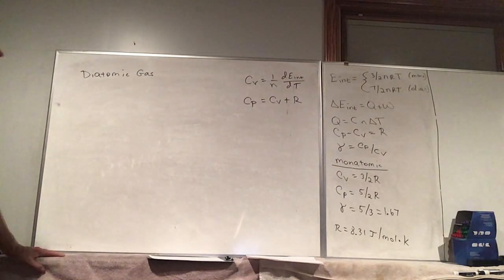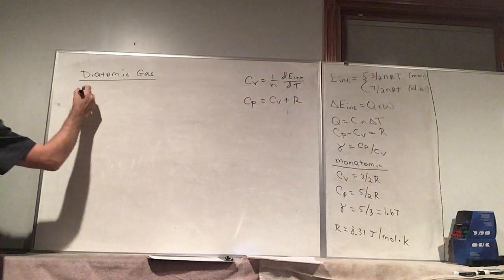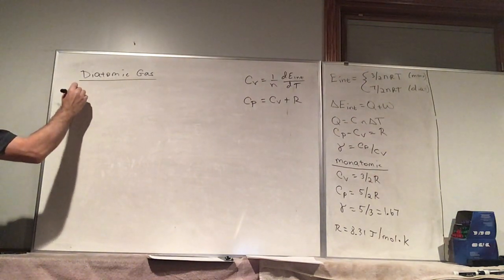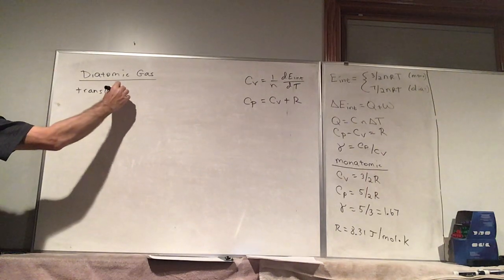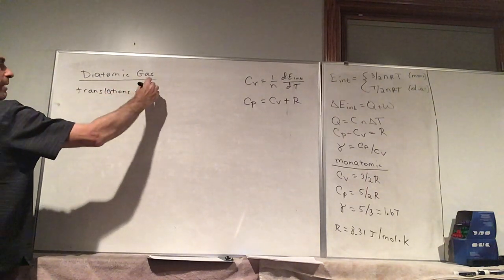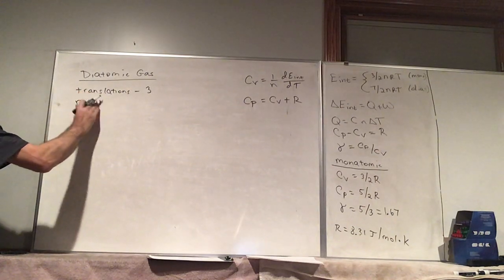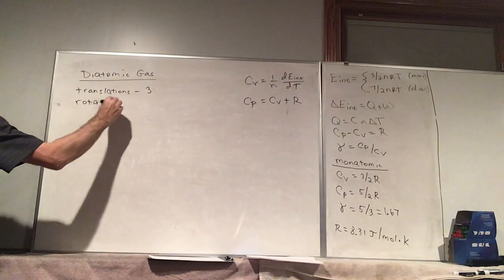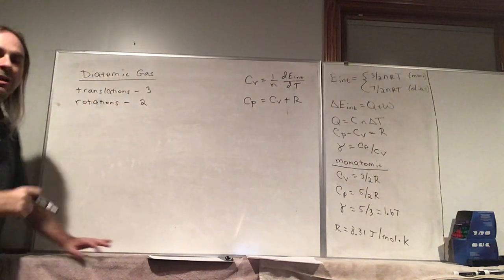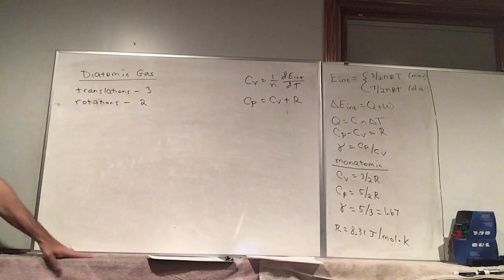Fairly simple process. Now, what we had before, remember for a diatomic gas, we look at translations. We have 3 degrees of freedom. For rotations, for a diatomic gas, there's going to be 2 degrees of freedom.